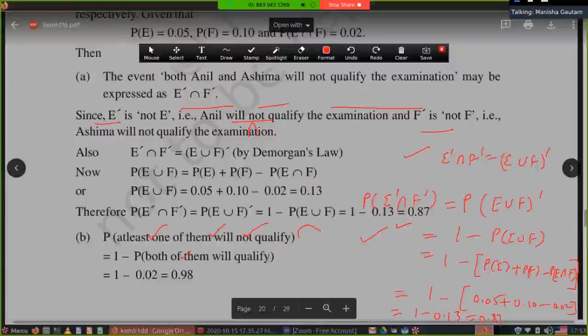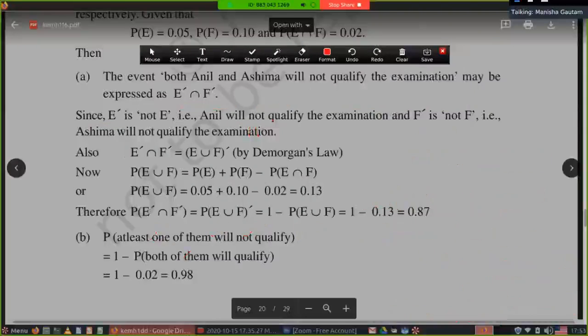Now, at least one of them will qualify. If we discuss this part, here I want to just tell you the total cases. If two persons are going to give the exam, here are the cases. Suppose E qualifies the exam and F qualifies the exam. E and F both will not qualify the exam.